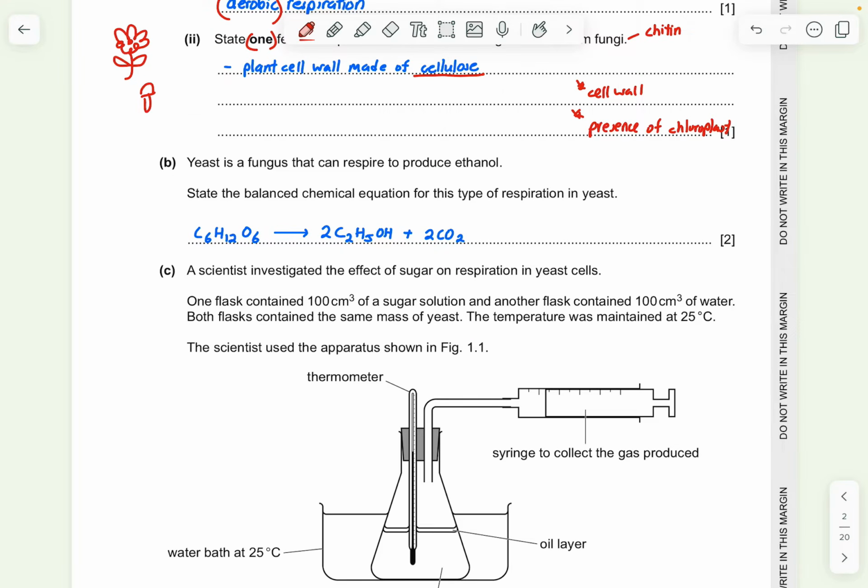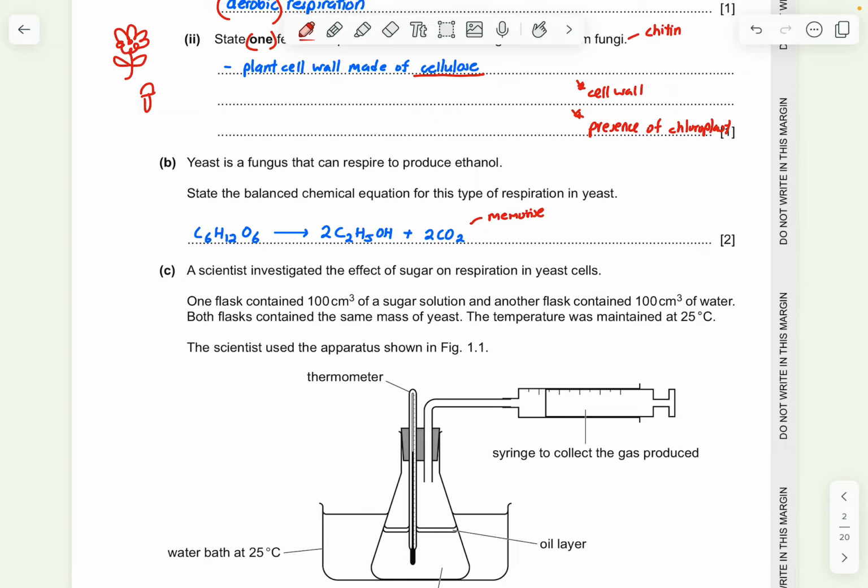And part B, yeast is a fungus that can respire to produce ethanol. So state the balanced chemical equation for the type of respiration in yeast. For this type of question where they ask you for a balanced chemical equation, you have no choice but to memorize this if you did not take chemistry.